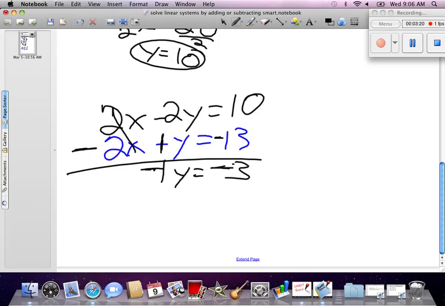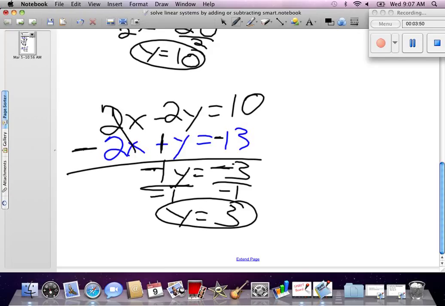Negative 3. Okay, Ty, what do I do now to get y by itself? Divide by negative 1, and what's my answer going to be, Ty? Ty, what's a negative divided by a negative? Positive. So we get 3.